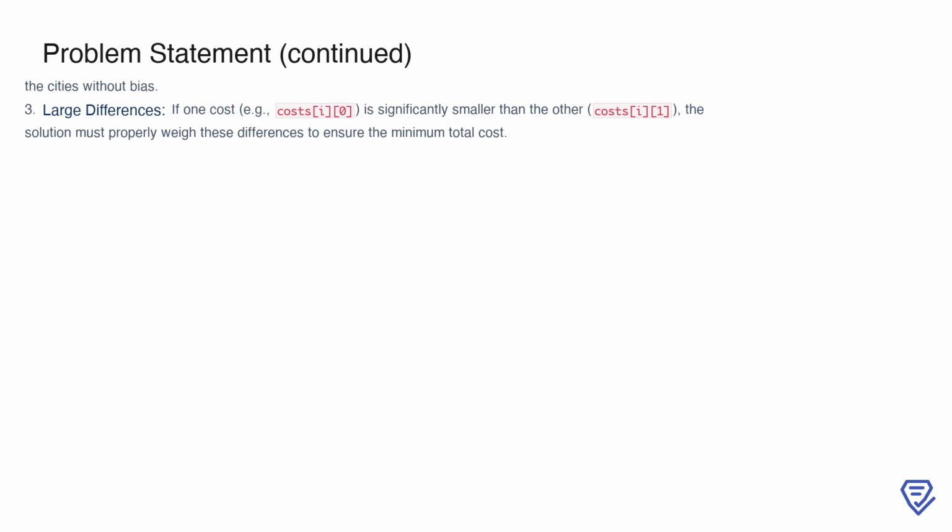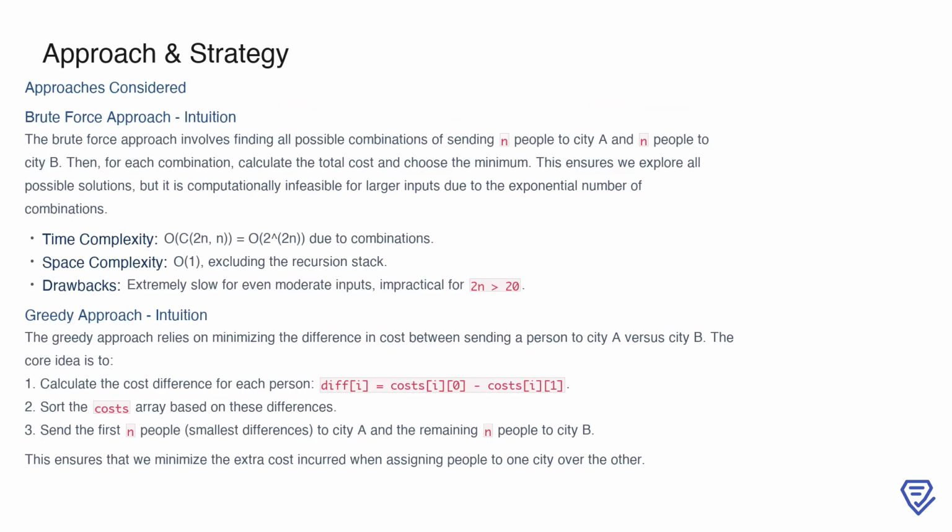To solve the two-city scheduling problem, we'll first consider the brute force approach. Here, the idea is to generate all possible ways of sending n people to city A and the remaining n to city B. For each combination, we calculate the total cost and pick the minimum. This method guarantees that we explore all potential solutions, providing an accurate result.